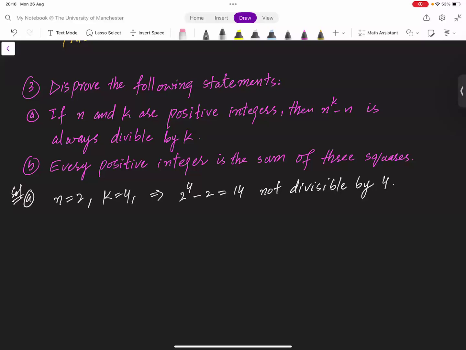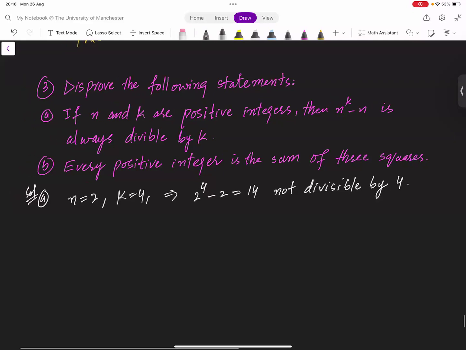Hence, the statement is false when n is 2 and k is 4. So this statement is false.